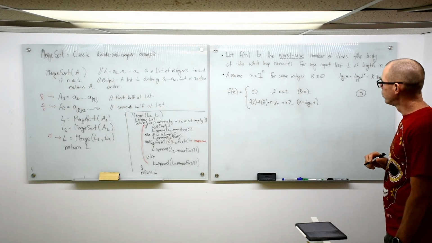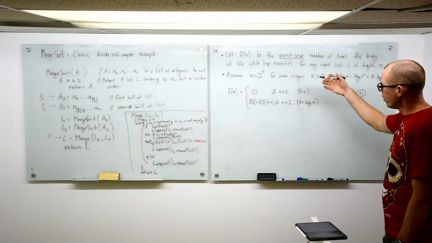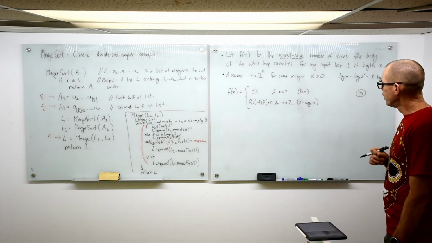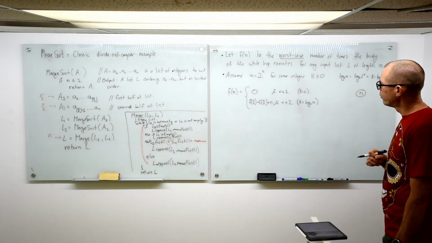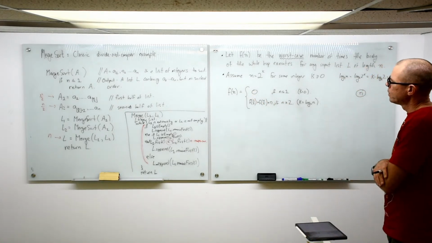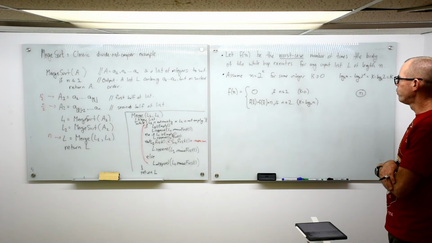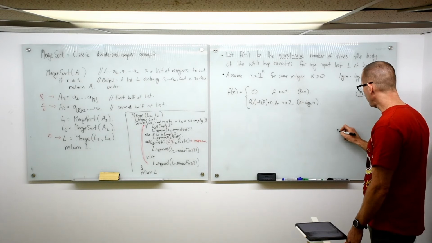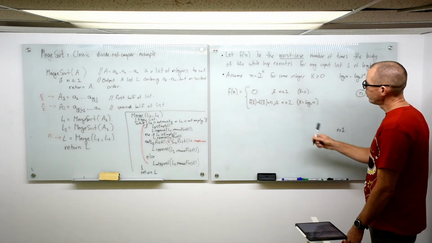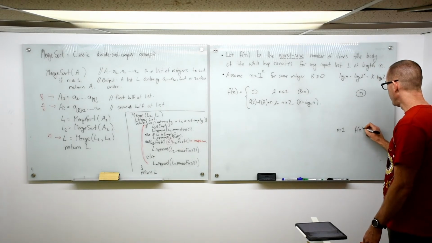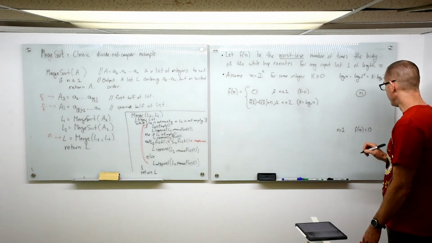We would like to figure out what this thing is, and we can do that for a few values of n. If n is equal to 1, then by definition f of n is equal to 0.